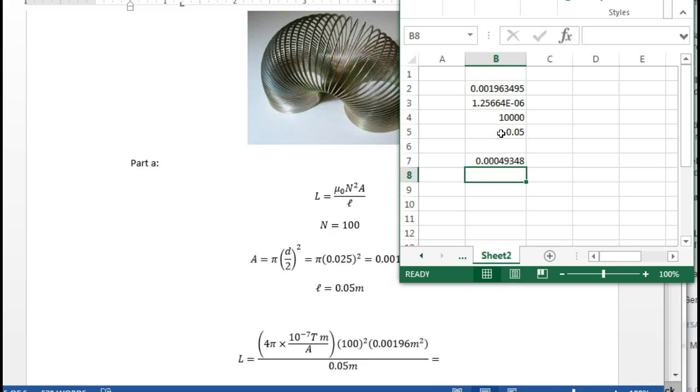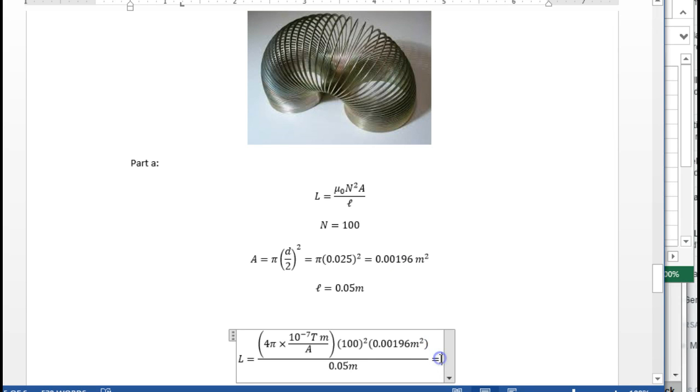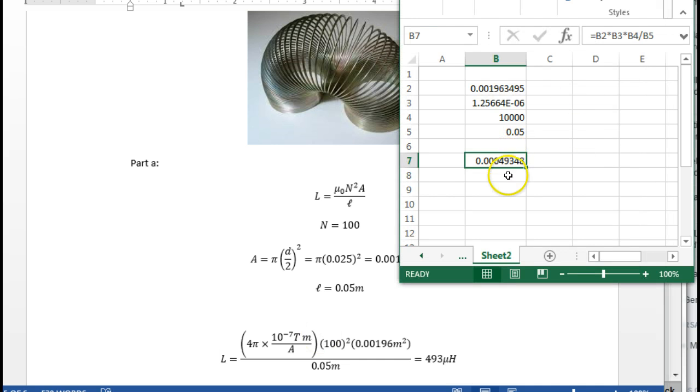Okay. So 493 microhenries. I got that because, let me go back to Excel for a second. Okay. This is 0.000493.